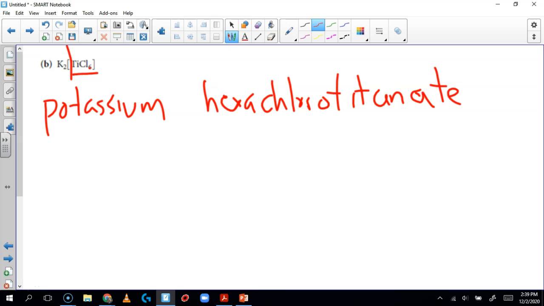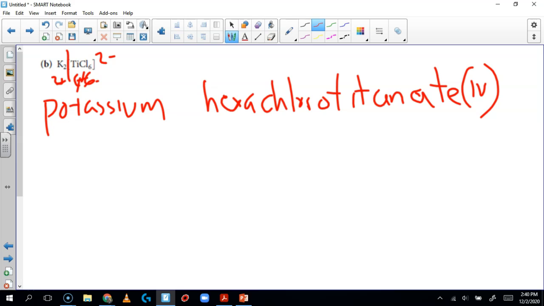Each potassium is plus, so this side is 2 plus, which means that this is going to be 2 minus. Each chlorine is a 1 minus, so that means that this is 6 minus. So the only way that this ion can get up to 2 minus is if titanium is a 4 plus charge. So that's potassium hexachlorotitanate(IV).